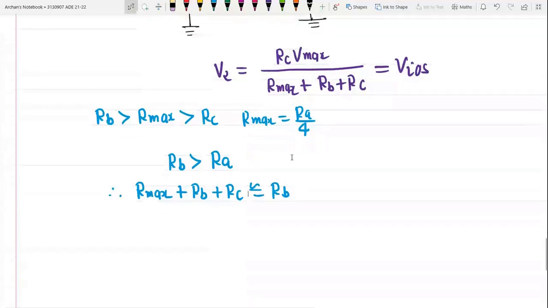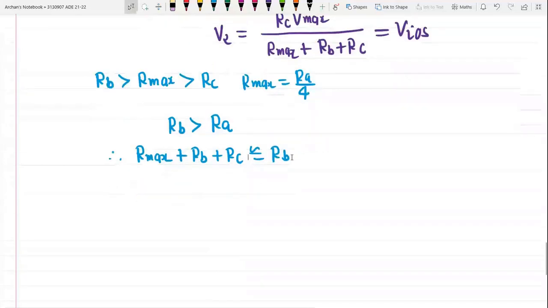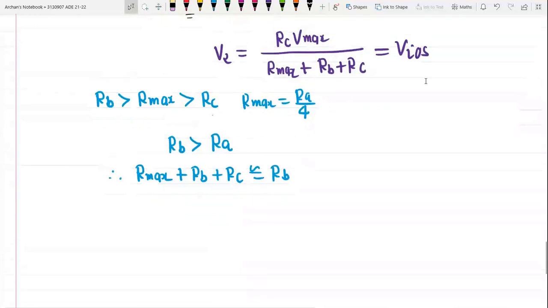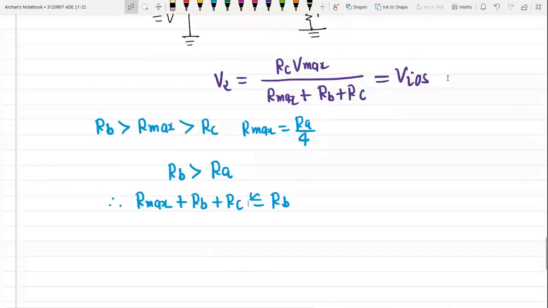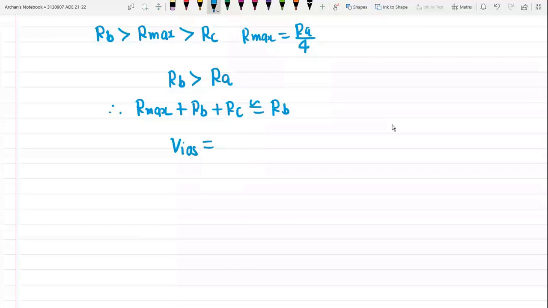So if I rewrite this equation of VIOS, then VIOS can be written down as RC by RB times Vmax. What is Vmax? Vmax is nothing but V. So this is the equation of input offset voltage.